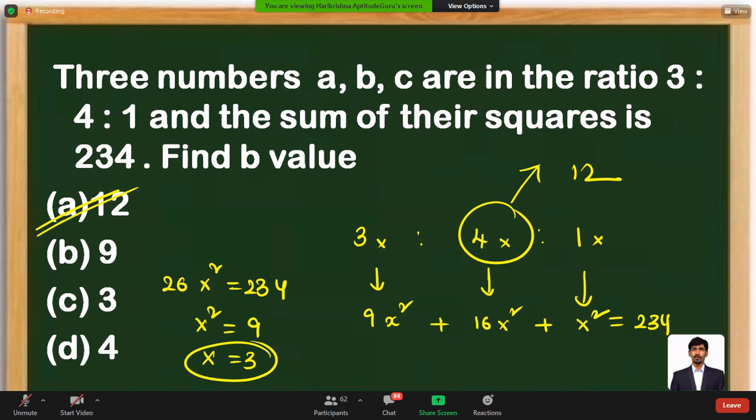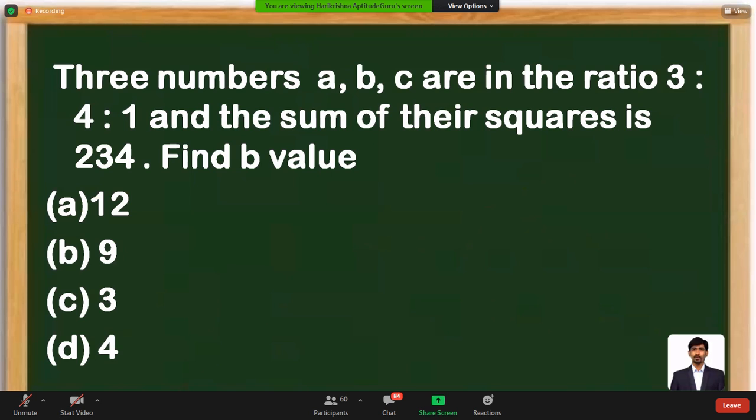One more way of solving the question. You can observe three numbers are in the ratio of 3 is to 4 is to 1.